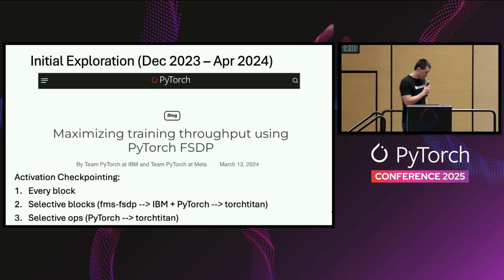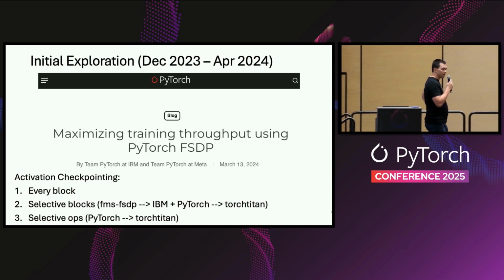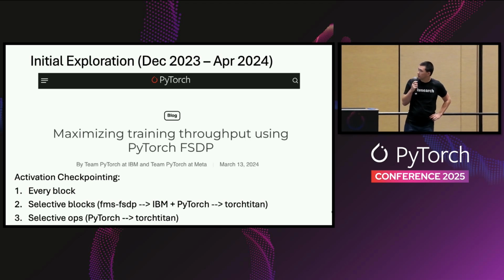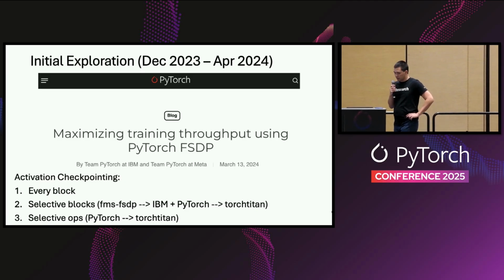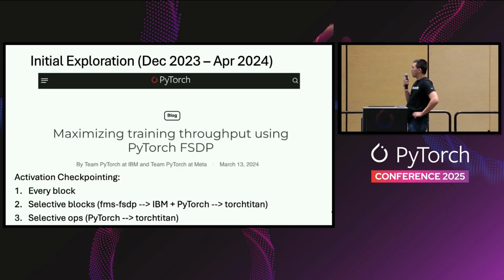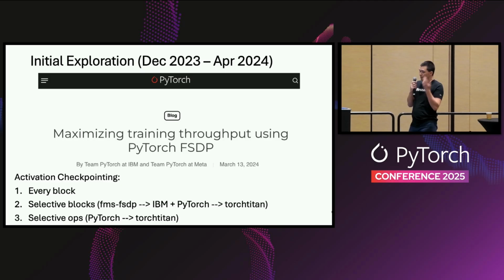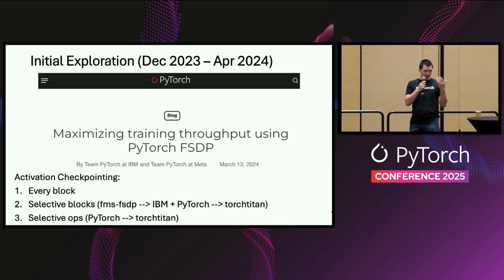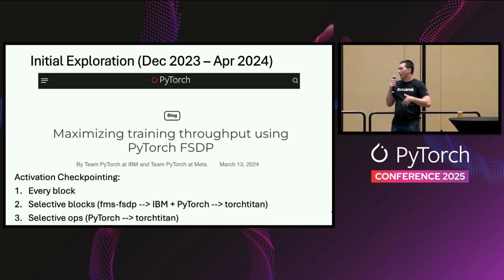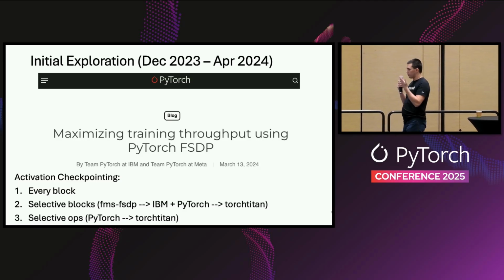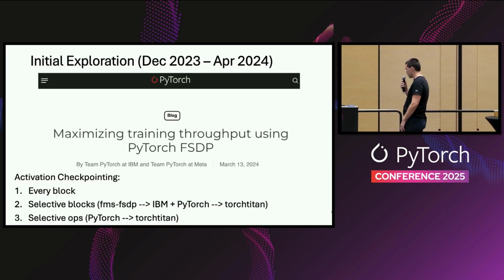So we also work quite closely with PyTorch at IBM Research. This is one of the quite relevant collaborations that we had at this phase that made its way into TorchTitan. So here, this had to do with activation checkpointing, which is a method where you don't save all the activations in the forward pass, but you recompute them in the backwards for memory savings.